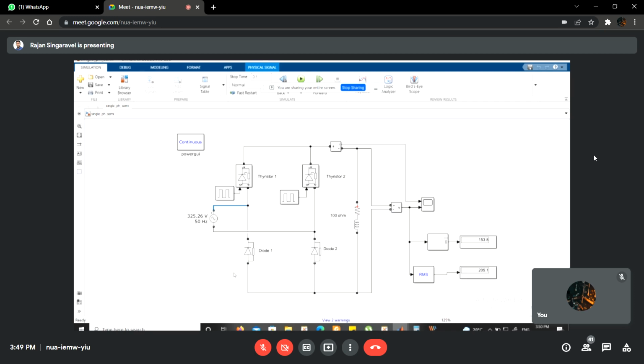Earlier the current was flowing through thyristor T2, the load terminal and diode D1. Now diode D1 is turned off by default because of the reverse bias voltage. Thyristor T1 is still on, and the current is flowing through the circuit.